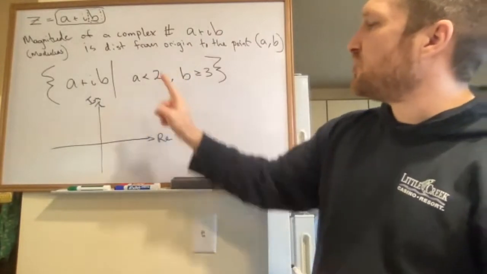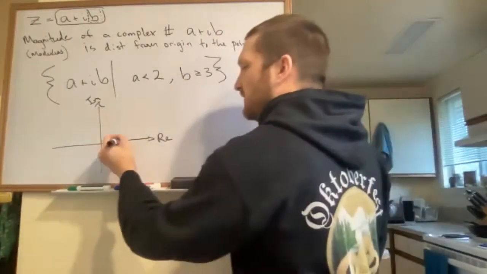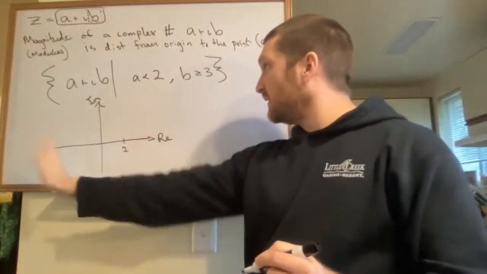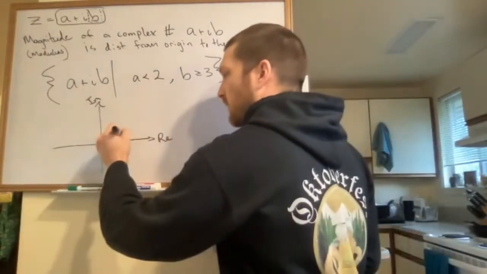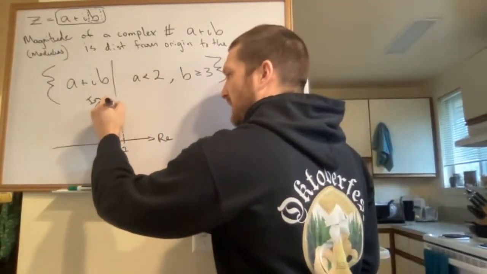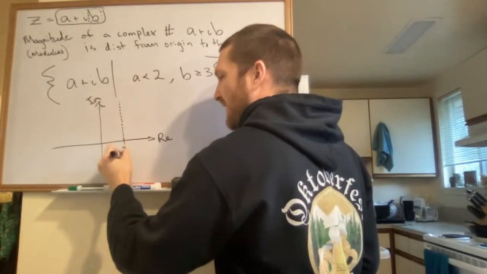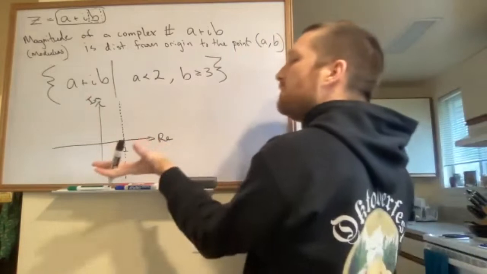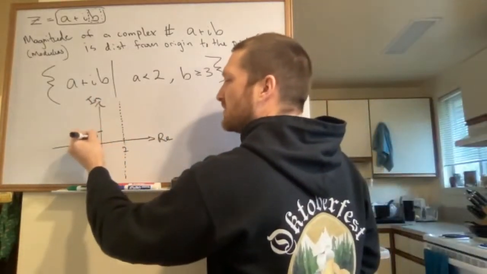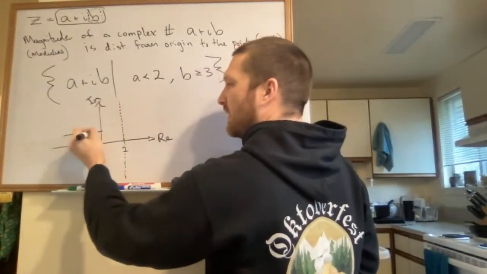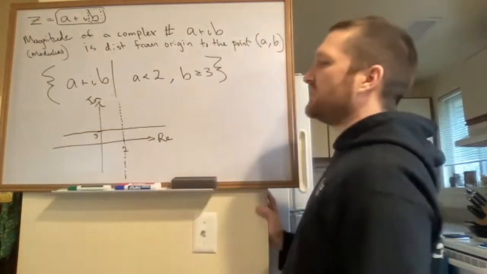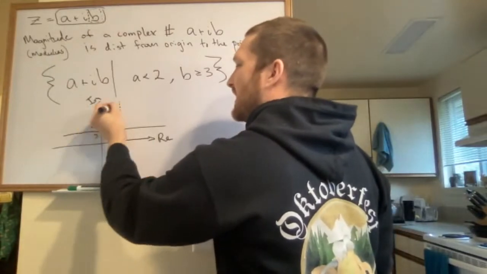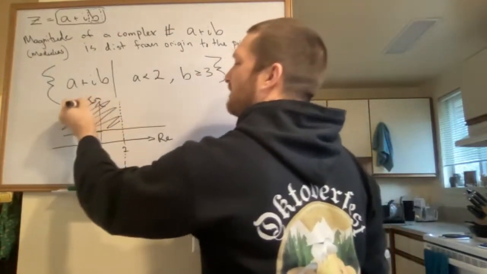A has to be strictly less than positive 2, so everything on the left-hand side of that line, not including the line itself. B has to be bigger than or equal to 3, so I'll put a 3 right there and a dark line. Where both of them are true, where they intersect, would be this area right here.